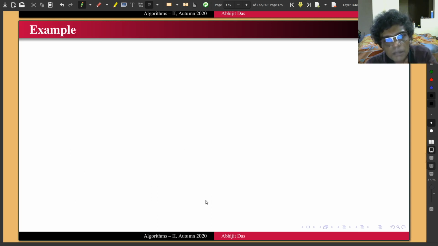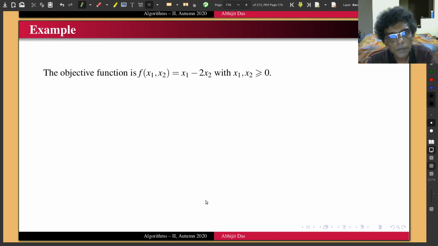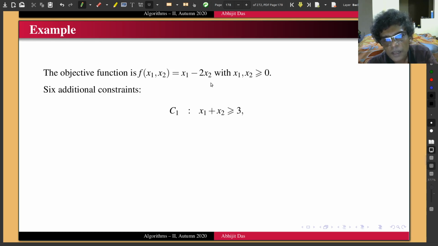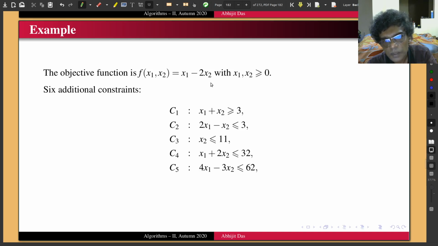And I will just give you a simple example of an LP instance in 2 dimensions. Suppose that this is the objective function x1 minus 2x2, and I want to minimize or maximize this subject to, let's say, these 6 constraints. These are all linear constraints. This is greater than or equal to, this is less than or equal to, less than or equal to, less than or equal to, less than or equal to, less than or equal to, something like this.